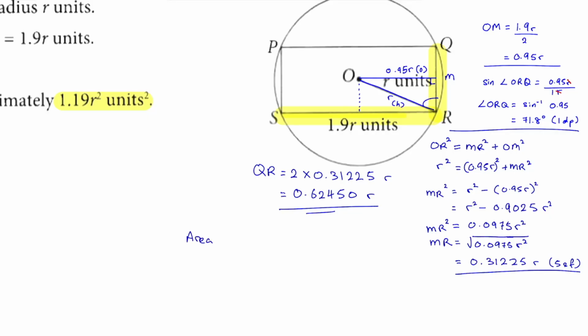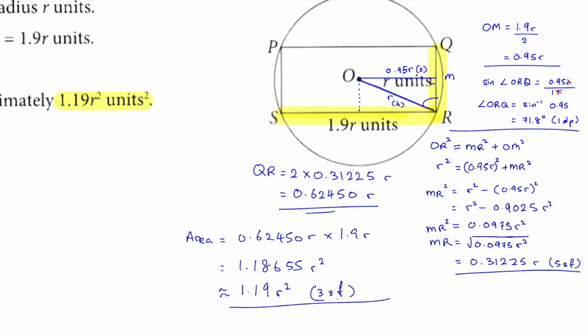Area equals 0.62450r times 1.9r, which equals 1.18655r squared, then approximately 1.19r squared, 3 SF. And then we can write down shown.